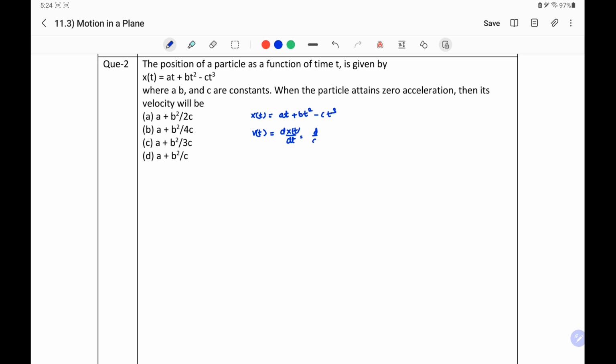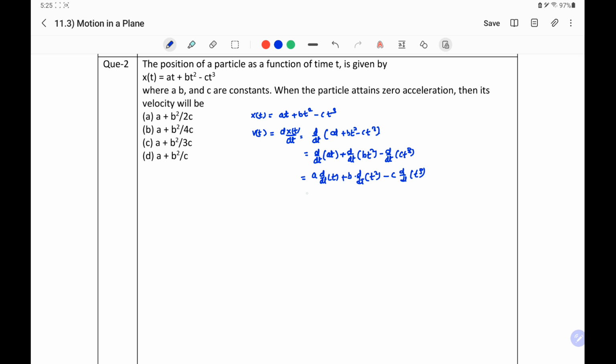So we will write differential of (at plus bt square minus ct cube), and it will give differential of sum is sum of differential. We can write differential of at plus differential of bt square minus differential of ct cube. Constant terms can be taken out of the differential, so it is a into differential of t plus b into differential of t square minus c into differential of t cube.